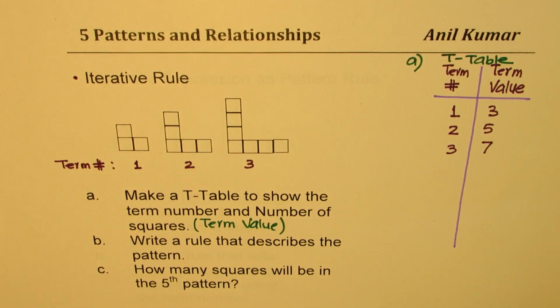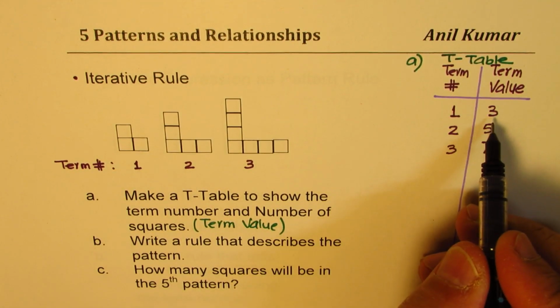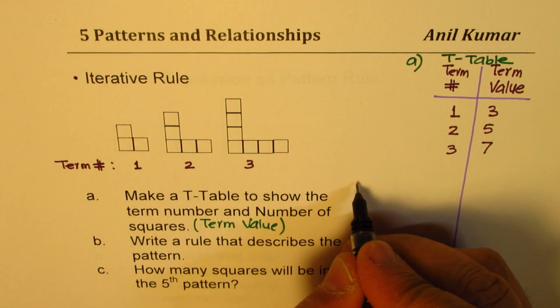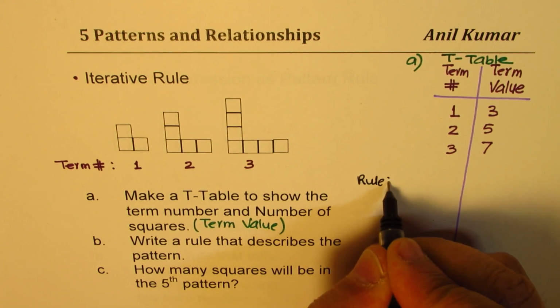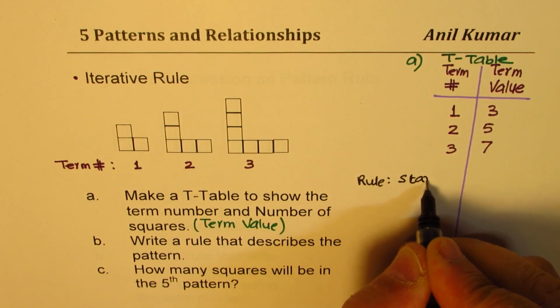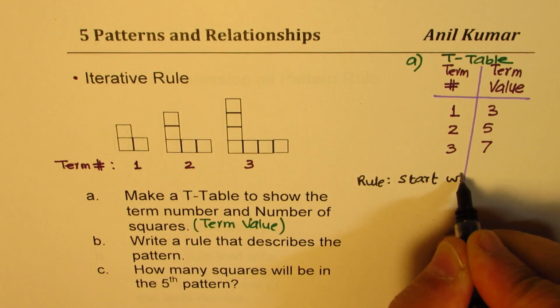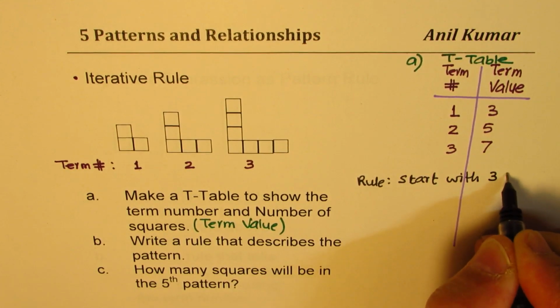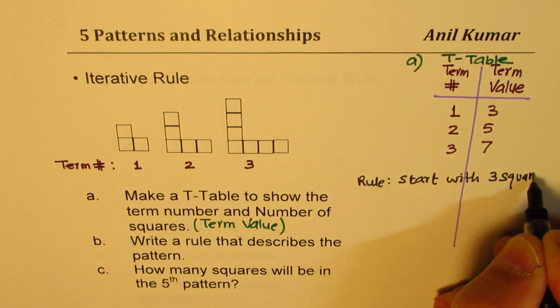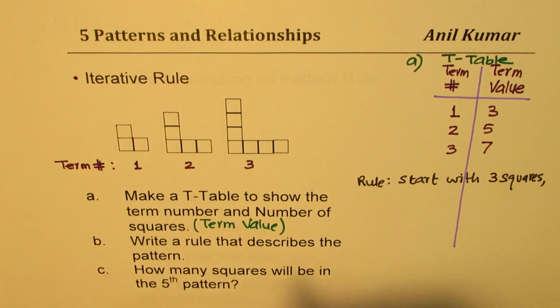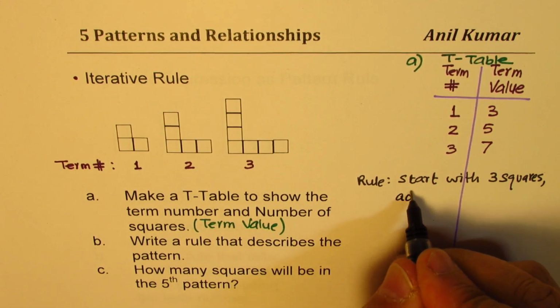Part B is: write a rule that describes the pattern. Now normally the rule which we write is to start at some number. So we are starting with 3, right? So the rule here is: start with 3 squares, and then you add 2 each time.